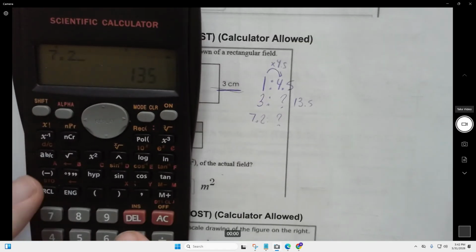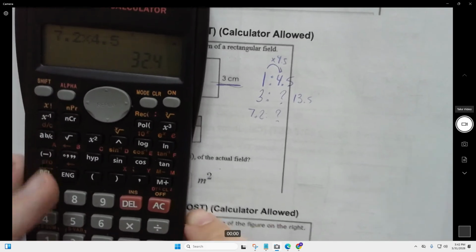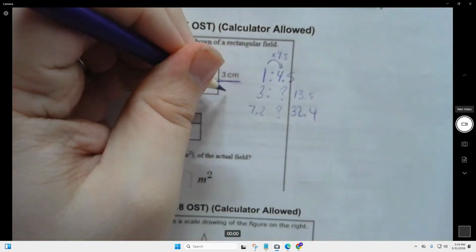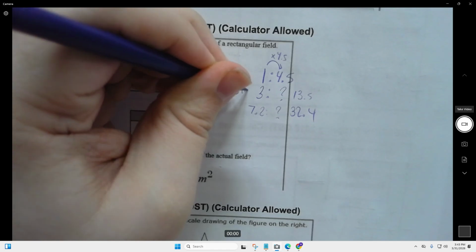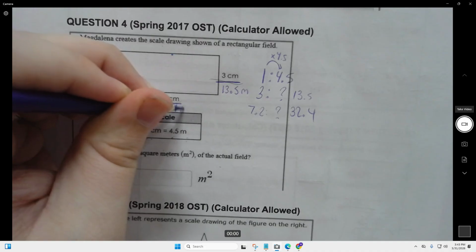And 7.2 times 4.5 is 32.4. That's our new side lengths. So instead of 3, we have 13.5 meters, and instead of 7.2, we have 32.4 meters.